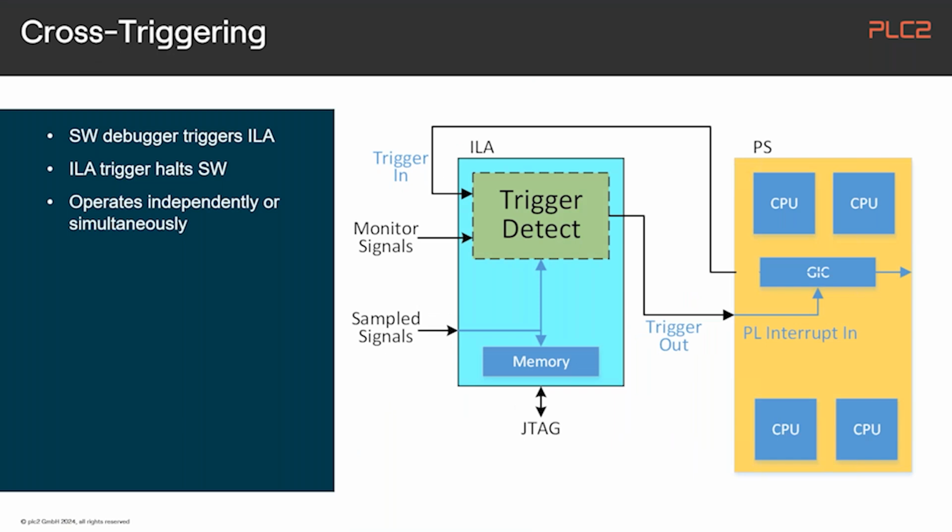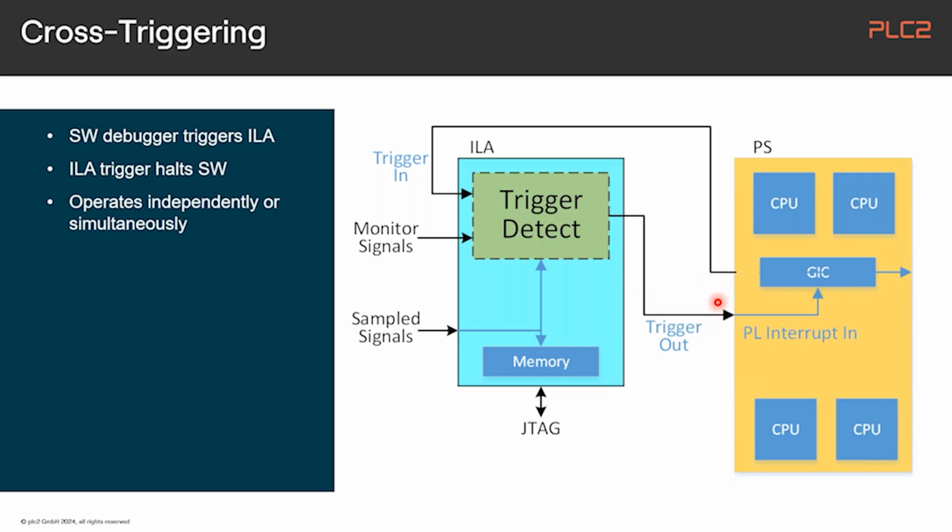And here we see how the processing system can be connected with the ILA configuration. So for cross-triggering, you would like, in using both tools, a software debugger for the processing system, where you have at least a context of a CPU, and on the hardware side, a logic analyzer, which has the capability of cross-triggering by enabled trigger ports.